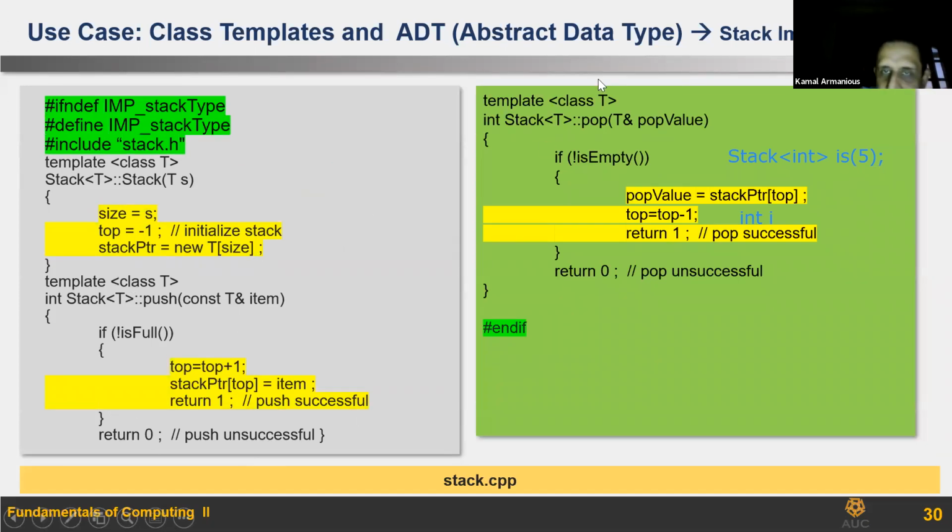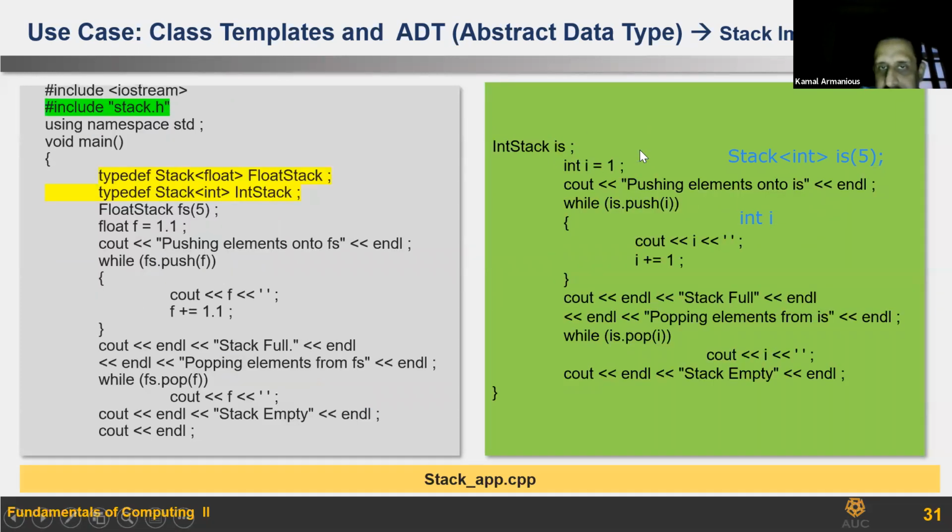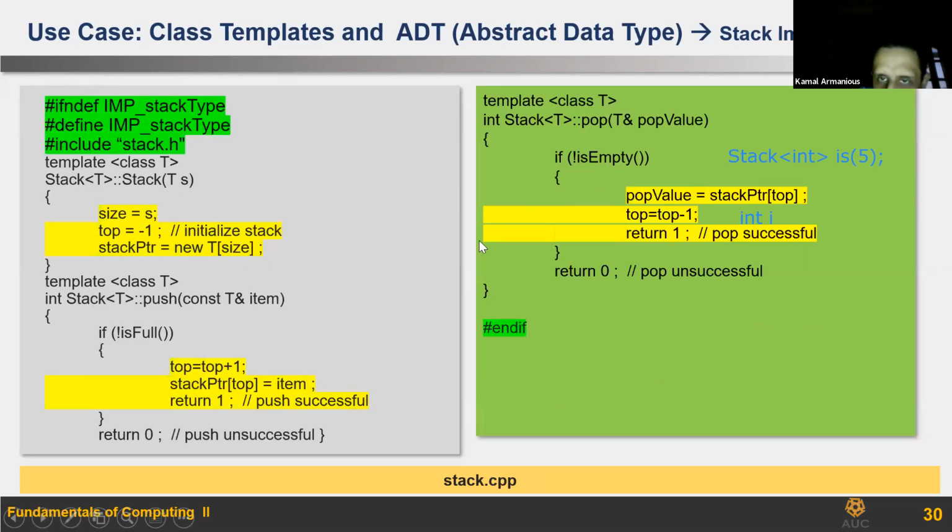So any T we have here is a float. I belongs to a stack of integer, so any T we have here is integer.